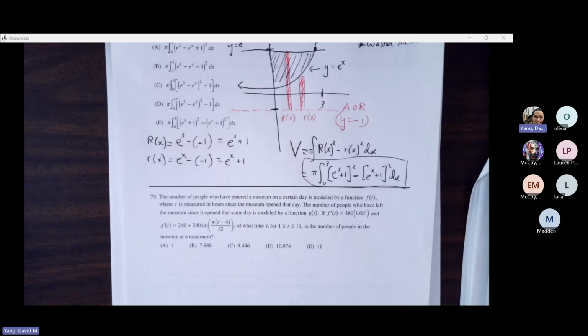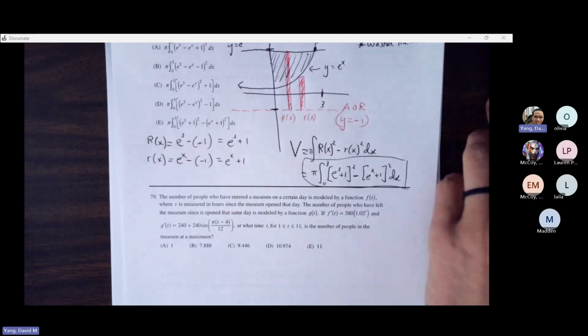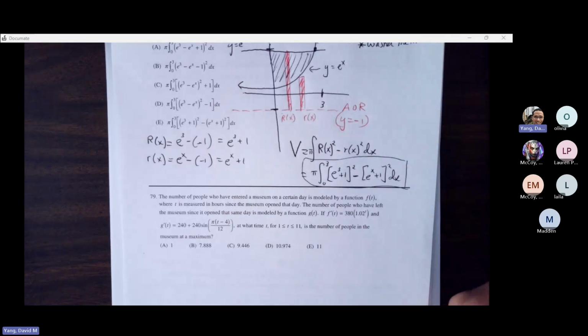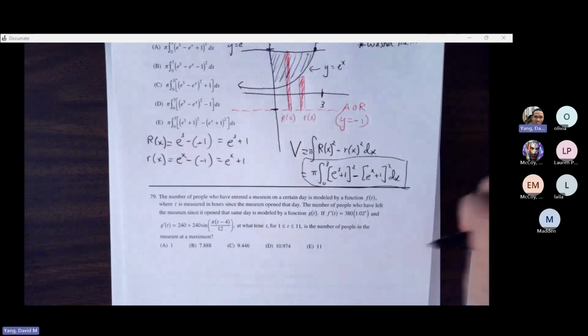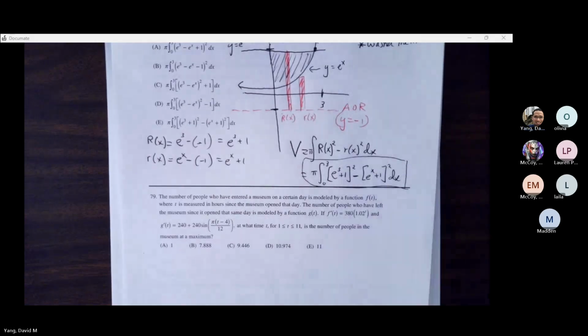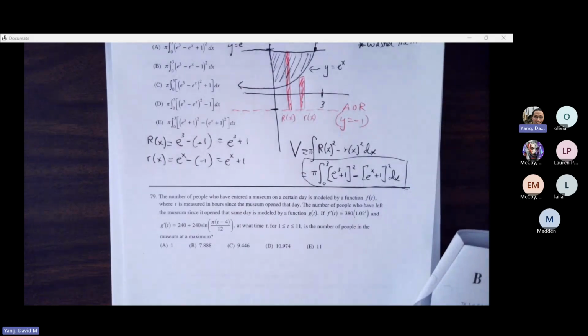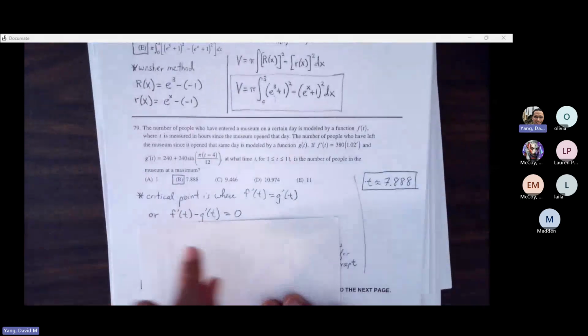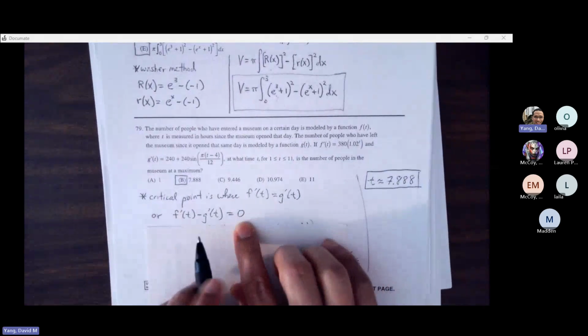So the maximum is going to occur whenever my f prime is equal to g prime, right? Where my critical points are going to match up, or if I were to subtract f prime minus g prime, I'm able to get that critical point to be 0.